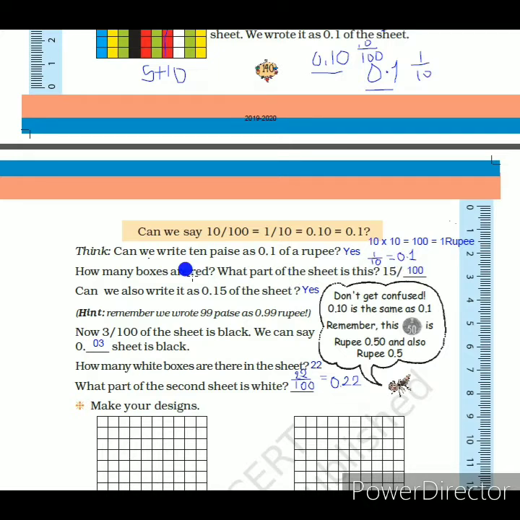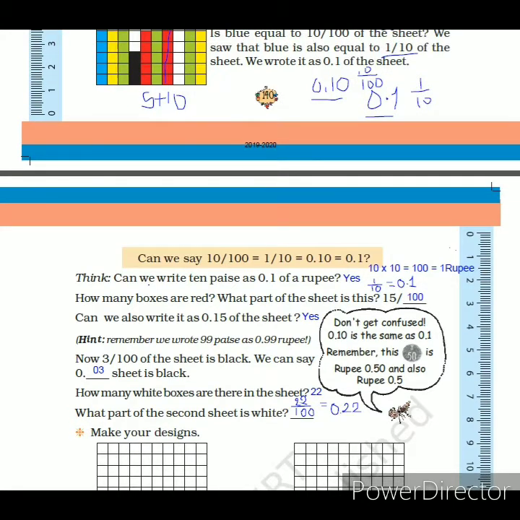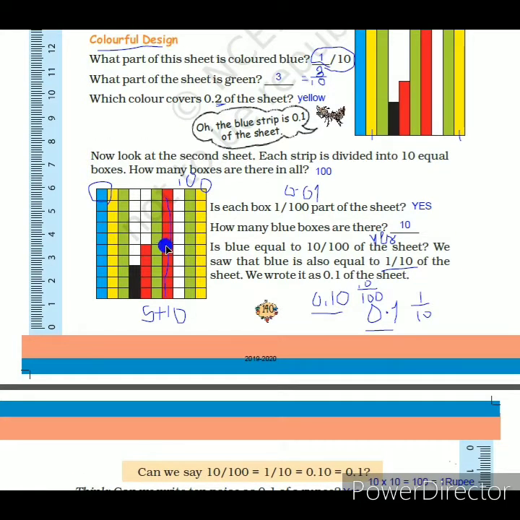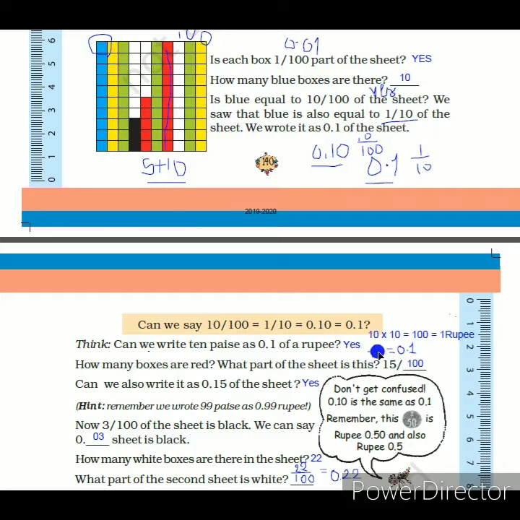Now see the next question. How many boxes are red? What part of the sheet is this? And 15 by how many parts? Let's move to the picture, the second box. See the red color: first all 10 boxes are given red color, and after that, in green, 5 more boxes are given red color. That means 5 plus 10, total 15 parts are given red color. Out of how many?